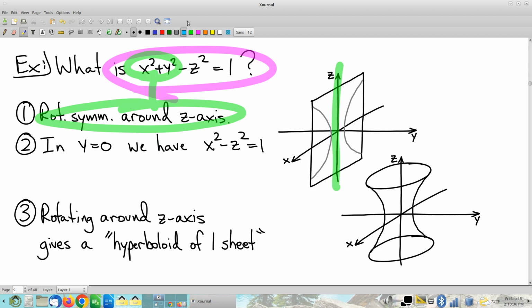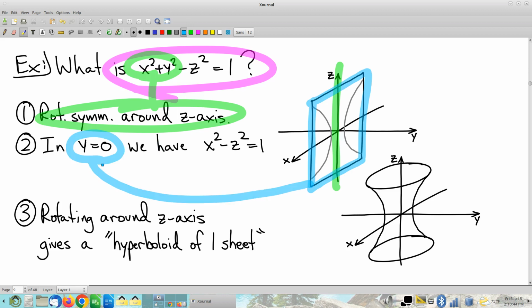Still, I can pick any plane that I want. Now, just to show that I can, I'm going to pick the xz plane this time, otherwise known as y equals 0. Whatever. Pick any plane you want. That makes your equation turn into this, whatever that is, x squared minus z squared equals 1.